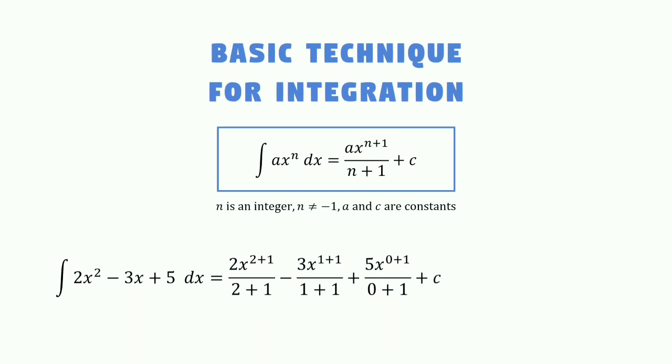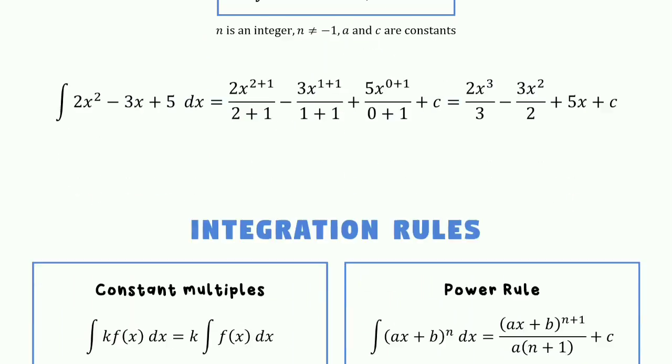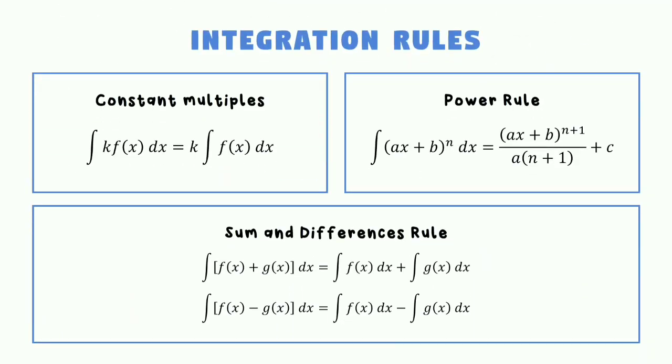And of course, we should not forget to add c. Simplifying this, we get 2x to the power of 3 divided by 3, minus 3x to the power of 2 divided by 2, plus 5x plus c. And we're done. There are some other rules that can help us integrate too, such as the following.